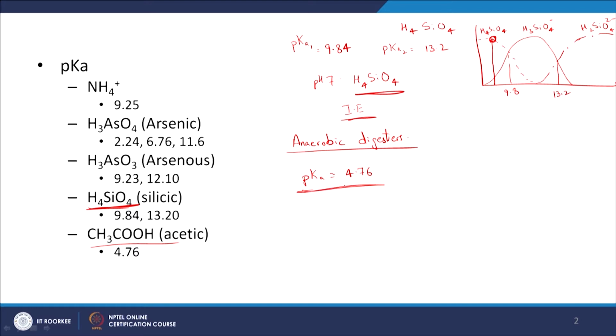But the key here is that when acetic acid is produced in your anaerobic digester, the pH can fall to let us say 5.5 or around 6, depending on the quantum of the acetic acid produced, and that is good enough to ruin your anaerobic digestion process. So that is the reason why we need to look at acetic acid in greater detail, even though it is not a strong acid. Anyway, we will come back to this again.